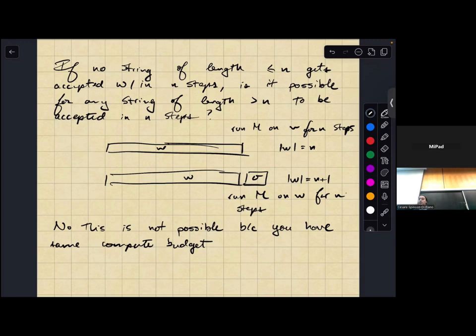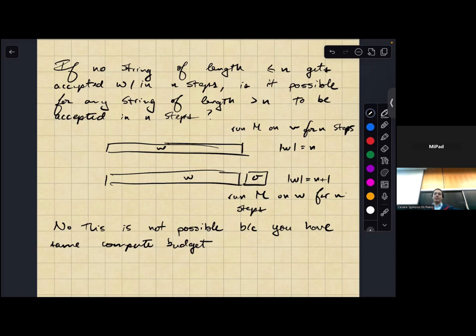Okay, Jonathan. What if there was an already existing string that was length more than n, but was accepted by the Turing machine by n steps? Well, that's a different question. But yes, so your question is, imagine I had a string of length 335 and it got accepted, then what can we say about strings of shorter length?